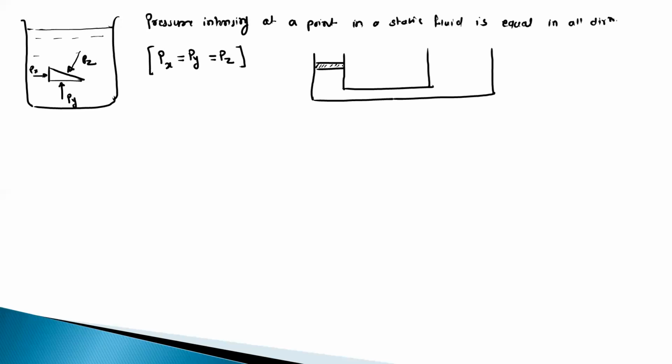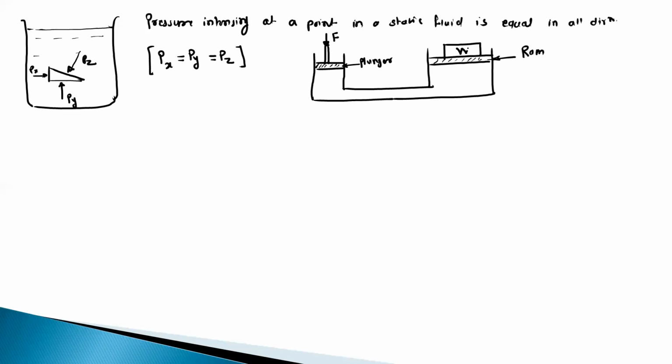So suppose we have one plunger and this is the ram on the other side. Okay, so we apply the force F on this plunger, and on this ram there is one dead weight which is to be lifted.